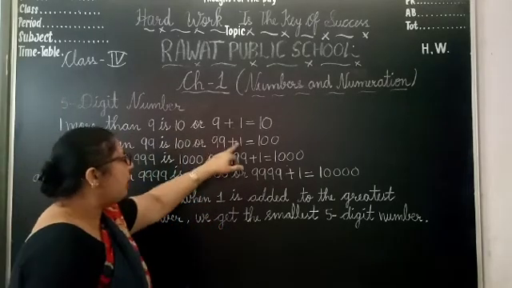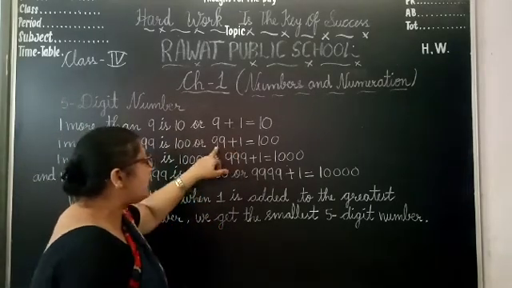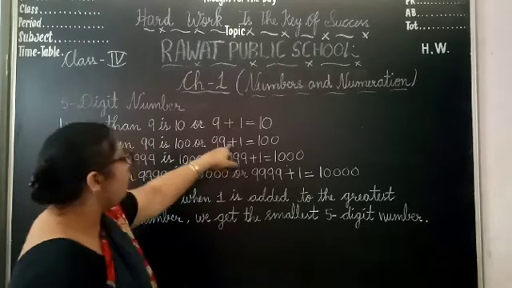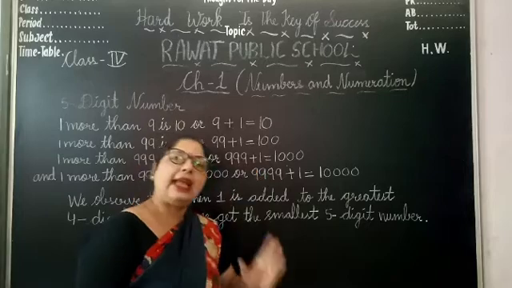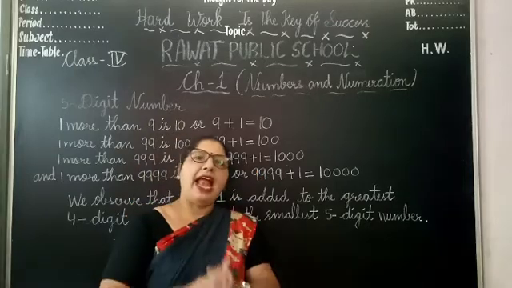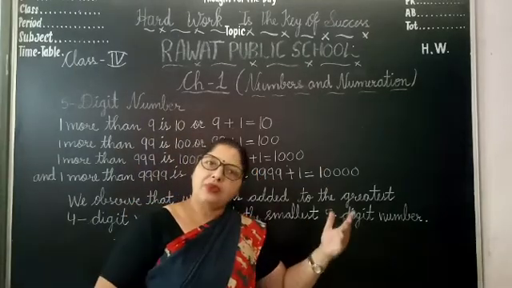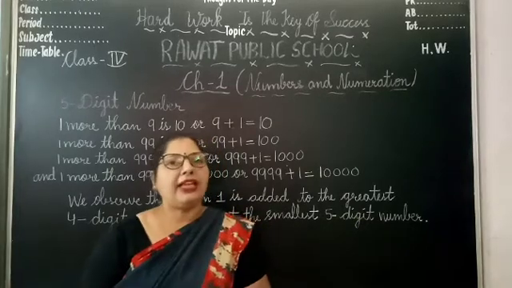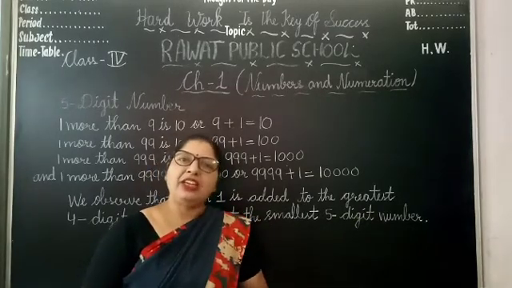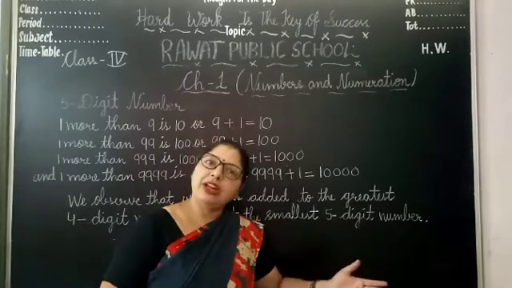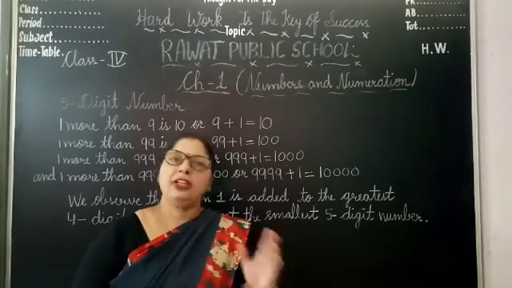When we add 1 to the greatest 2-digit number, we get the smallest 3-digit number. Keep this in mind, my dear. When we add 1 to the greatest 1-digit number, we get the smallest 2-digit number. When we add 1 to the greatest 2-digit number, we get the smallest 3-digit number.